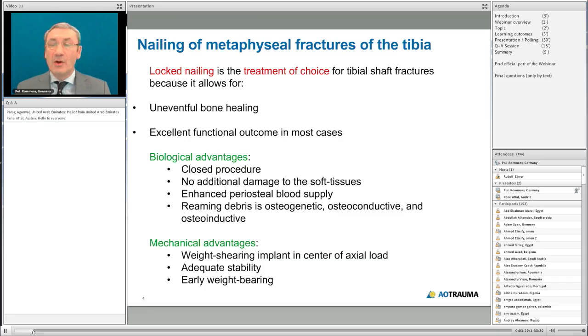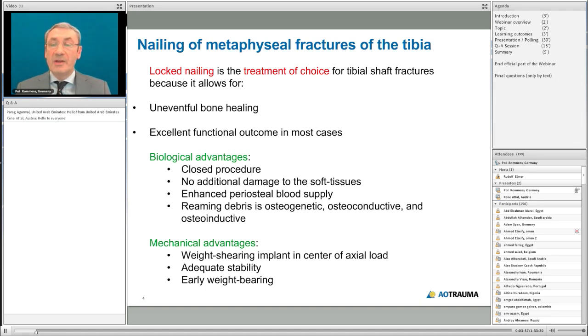We know that locked nailing today is the treatment of choice for tibial shaft fractures, and there are many reasons for that. We can expect an uneventful bone healing and an excellent functional outcome in most of our patients. There are distinct biological and mechanical advantages.